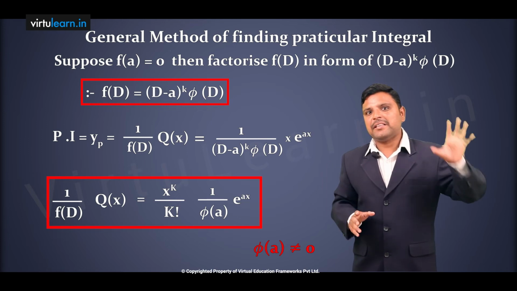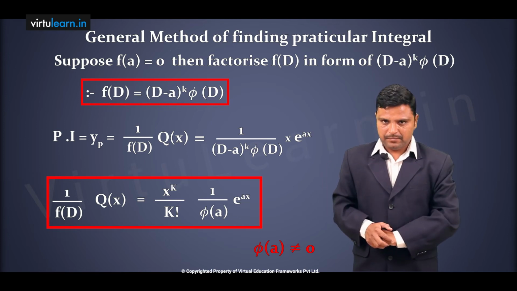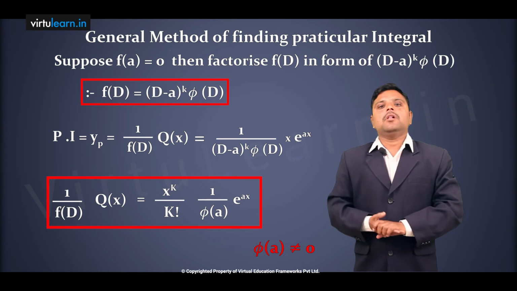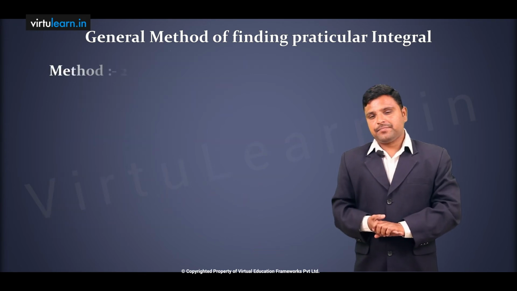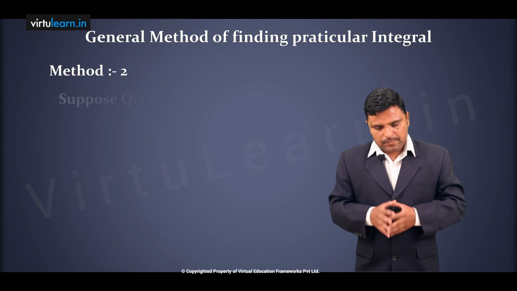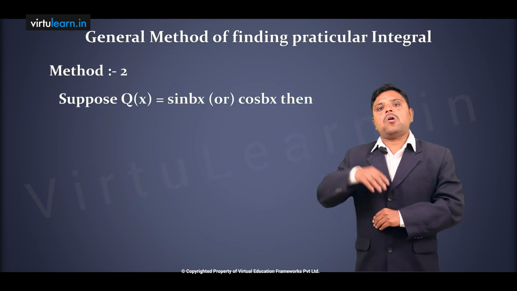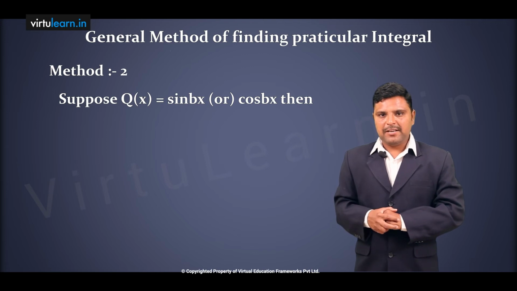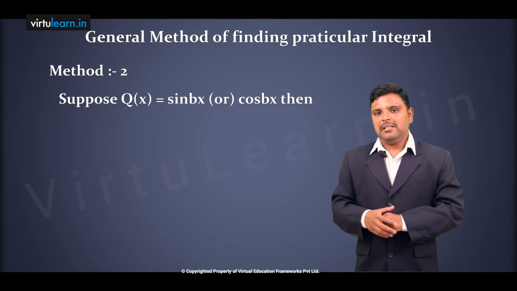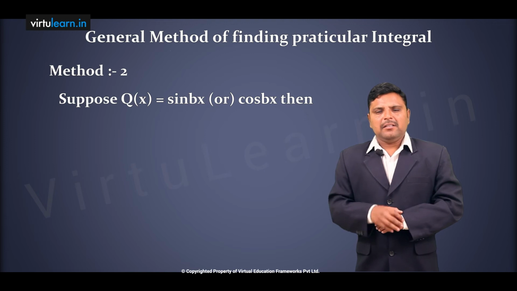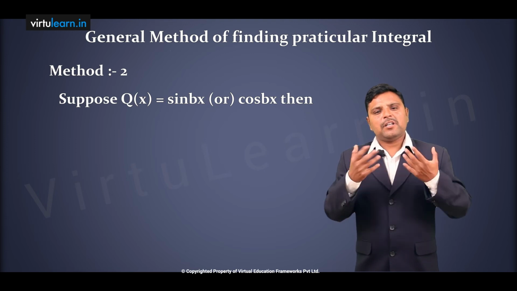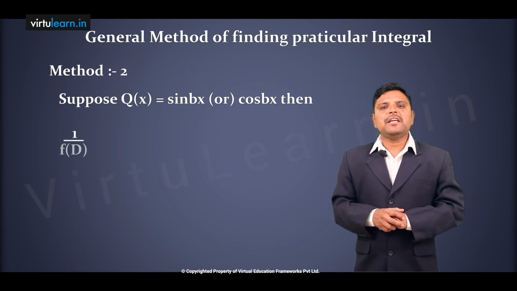This is the particular integral when q of x equal to e power ax. This is method 1 of particular integral. Now, method 2. Suppose q of x equal to sin bx or cos bx. The general formula for the particular integral is 1 by f of d into q of x.